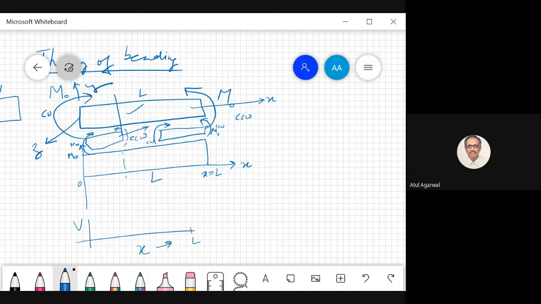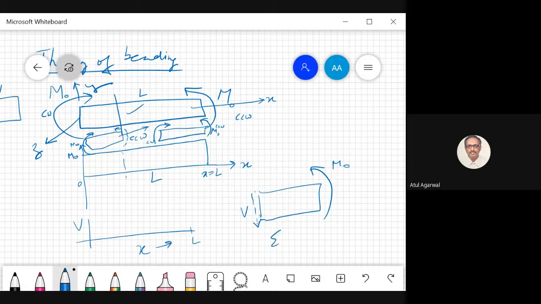For example, I take any cross section. There is the external moment here, M naught. So there cannot be any force on this face. When you show a force V, I have shown the positive direction of the shear force. It is downwards negative and area normal is negative. So two negatives make a positive shear force. But you see there is no external force.